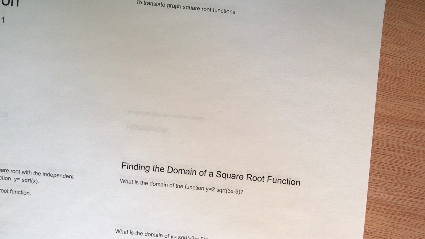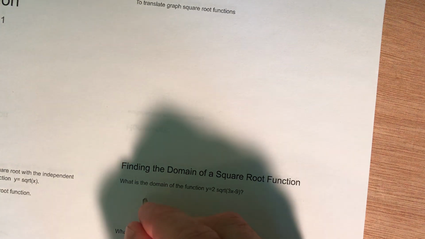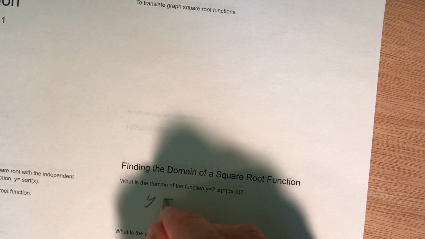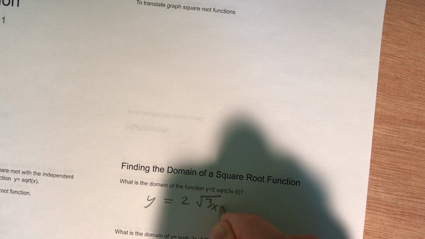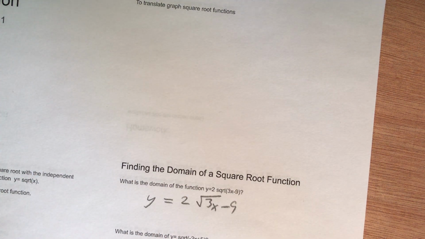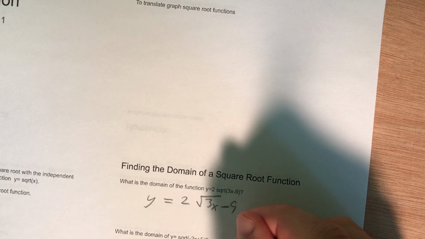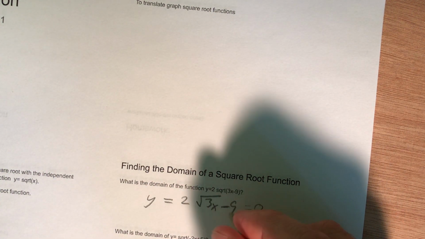Finding the domain of a square root function. What is the domain of y equals 2 square root 3x minus 9? Well, for the domain, we're going to set this equal to 0.